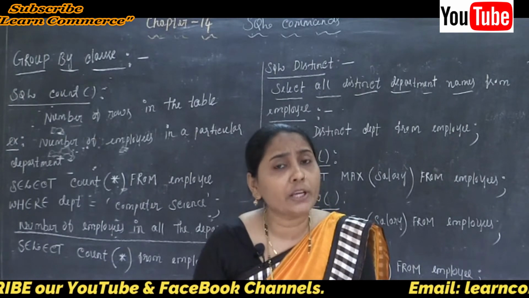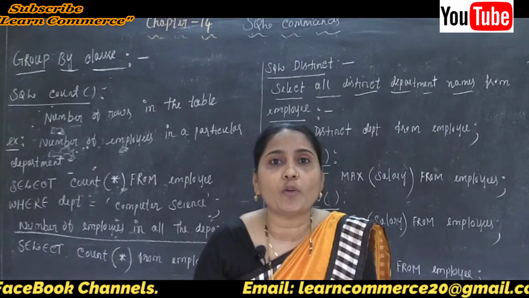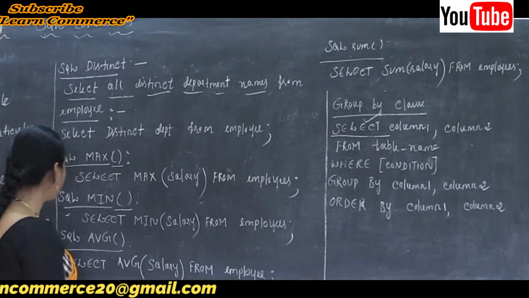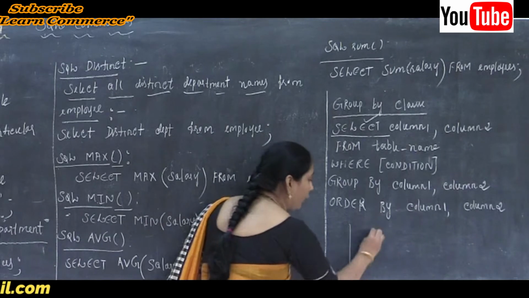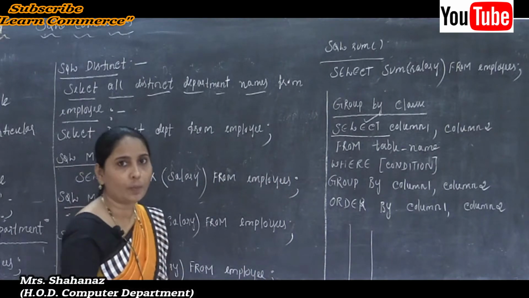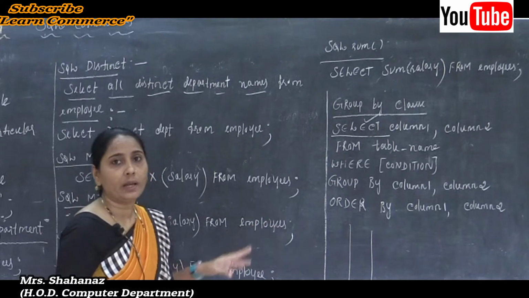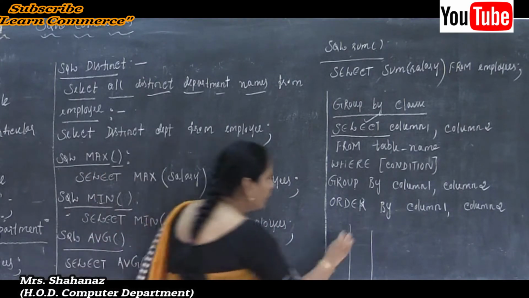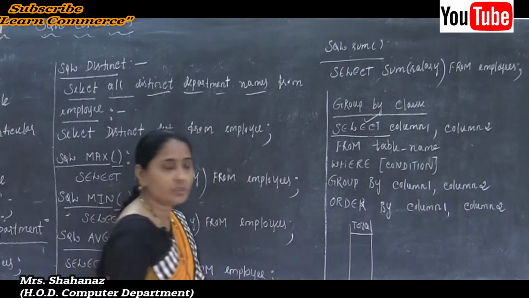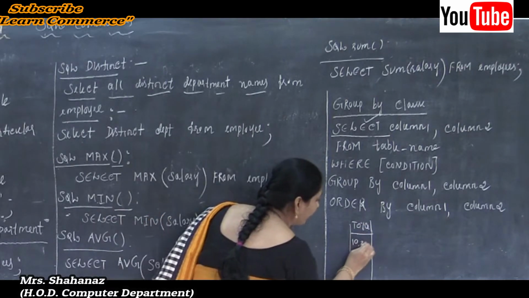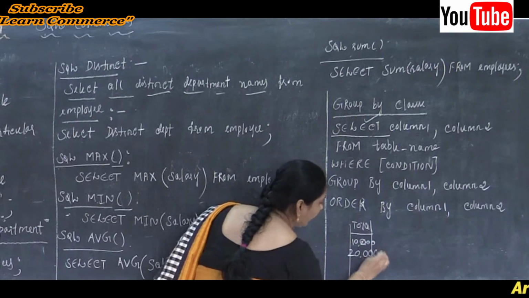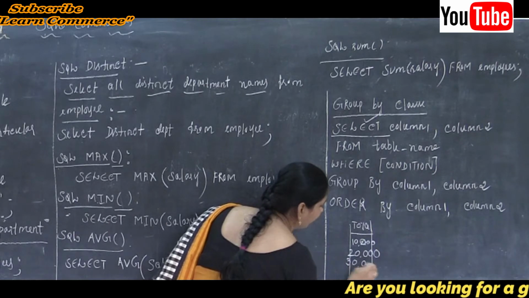The group functions operate on a group of rows and return one value for the entire group. For example, I want the total value of a column named total. The first value is 10,000, the second is 20,000 and the third is 30,000.